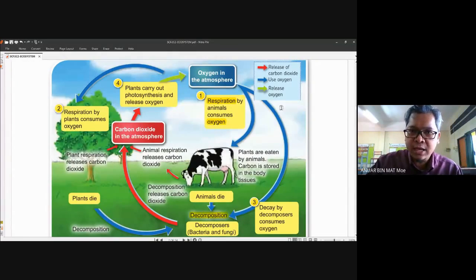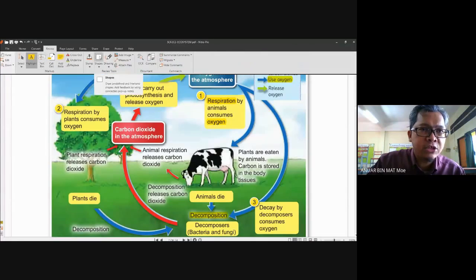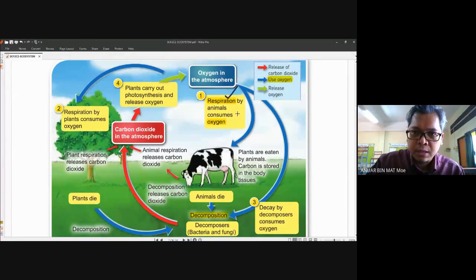The blue arrow here, use oxygen. Respiration, decomposition, and respiration in plant and respiration in animal. These are the processes that use oxygen. And when a plant dies, this is called decomposition.